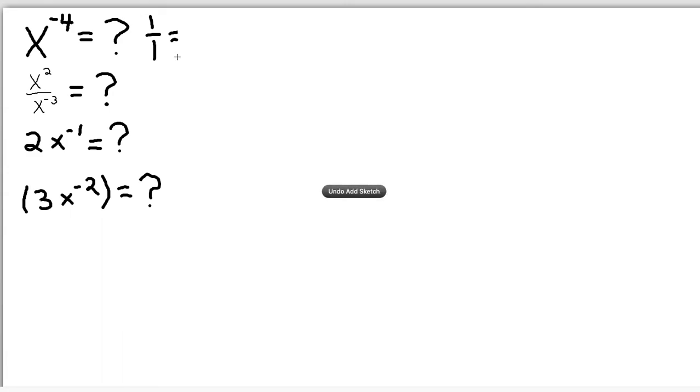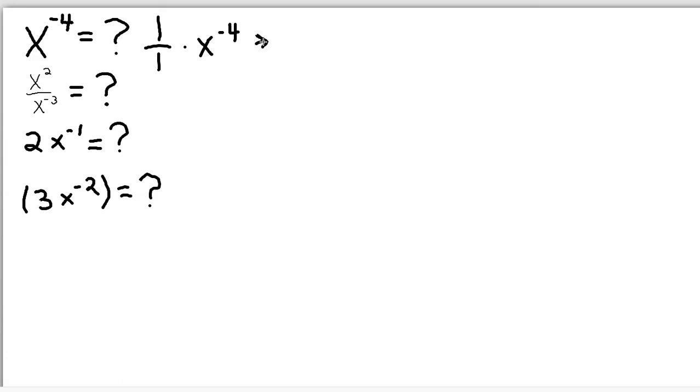I want to make sure I don't go back too far this time. All right, so now that we know that 1 over 1 is equal to 1, we can take that and plug that into this equation, and that's going to help us. So 1 over 1, and then we take that times x to the negative 4th.